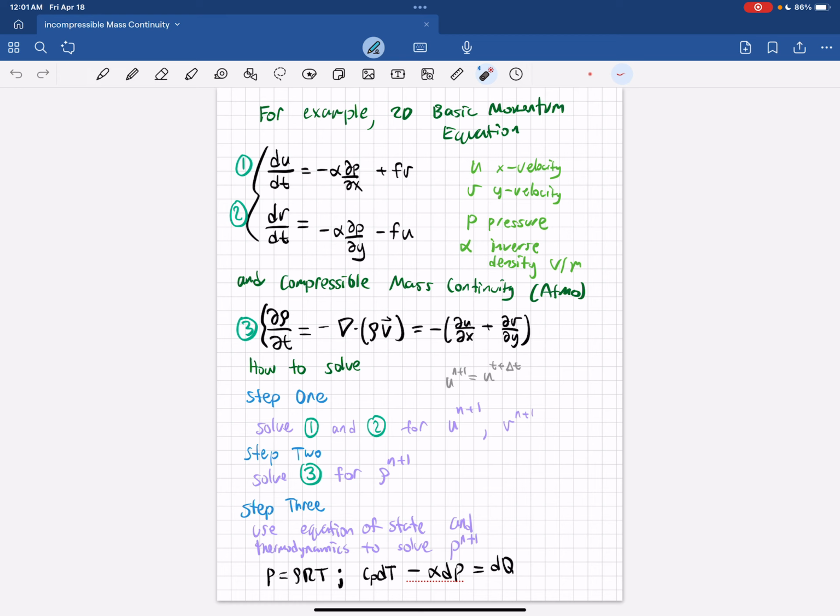And for the atmosphere, it's compressible, so this is our equation. It's the change in density over time, which is essentially equal to how much density is being fluxed into this region. So it's a flux convergence of density, which makes sense. Density increases if density flux converges into a region.